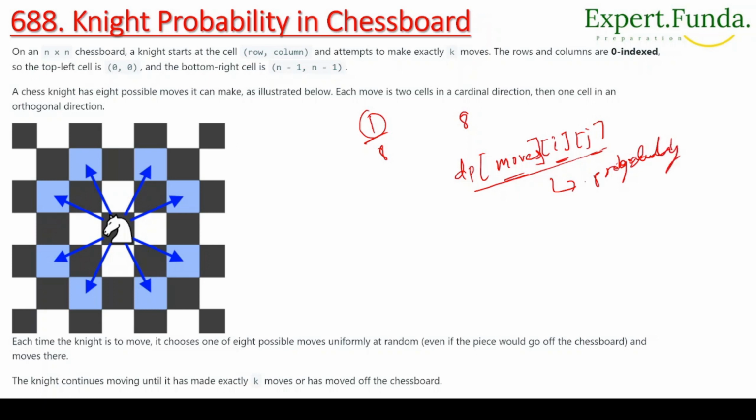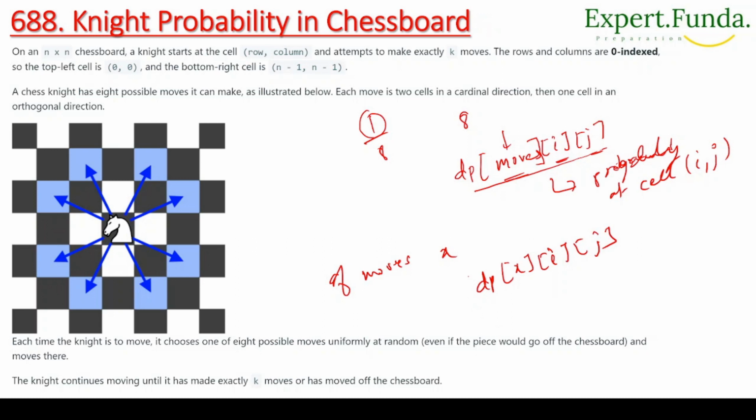Probability at cell (i, j) on the chessboard, after some moves. If the move is x, then it will become dp at x at i, j.